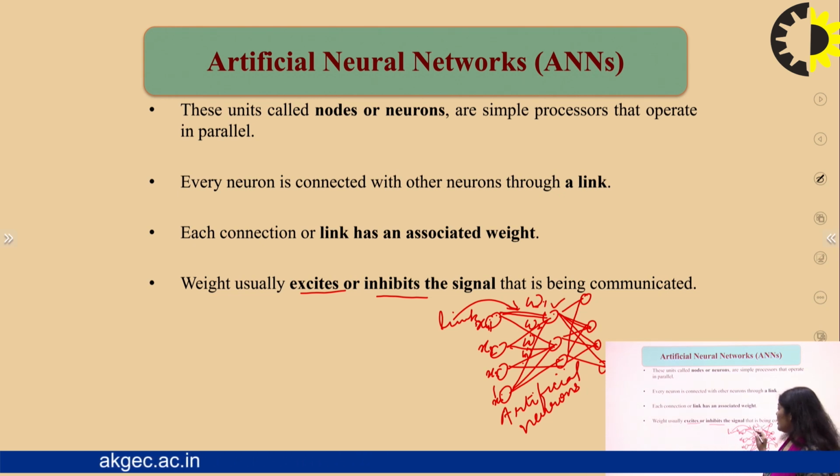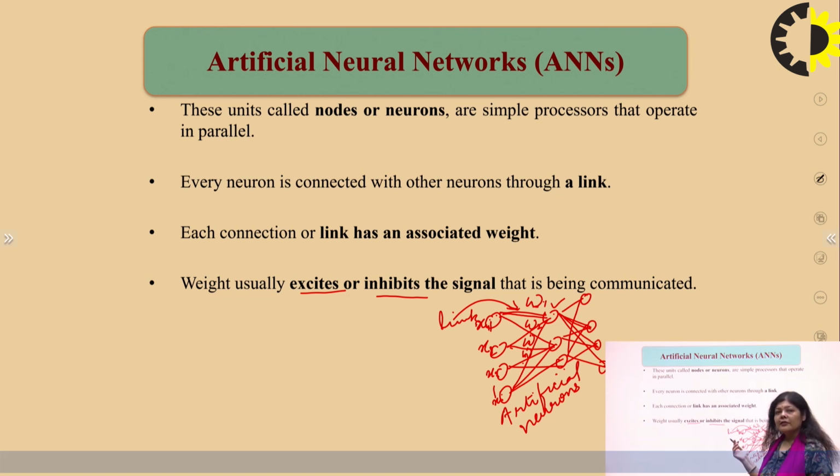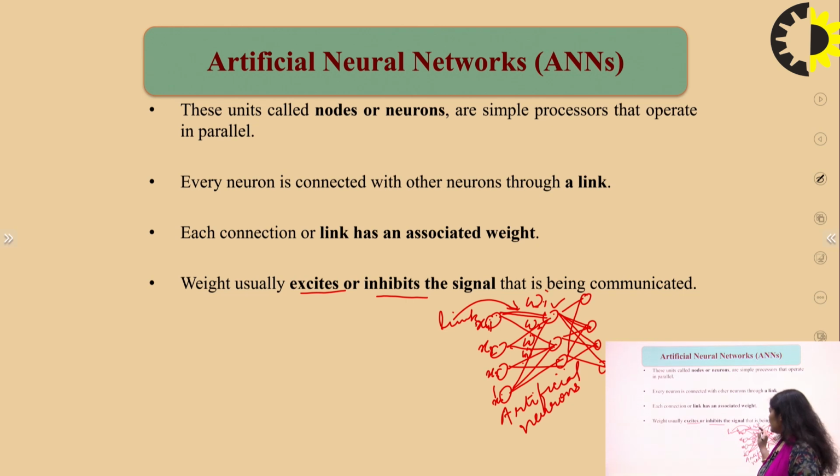How much information needs to be passed will be decided with the help of these weight quantities. So the weight can excite or increase the processing value that has been processed by the previous neuron, or it can inhibit the signal also.